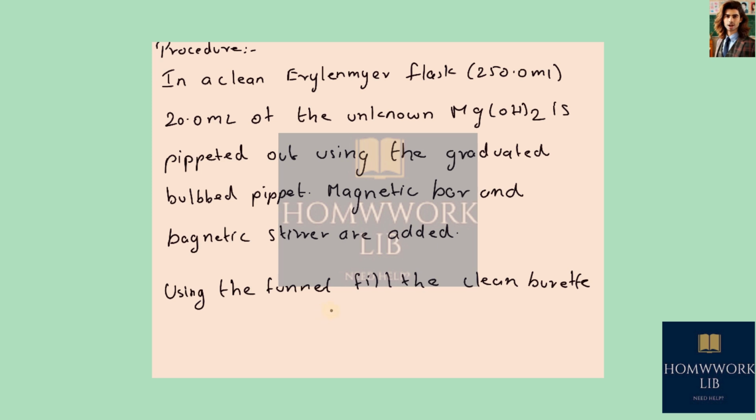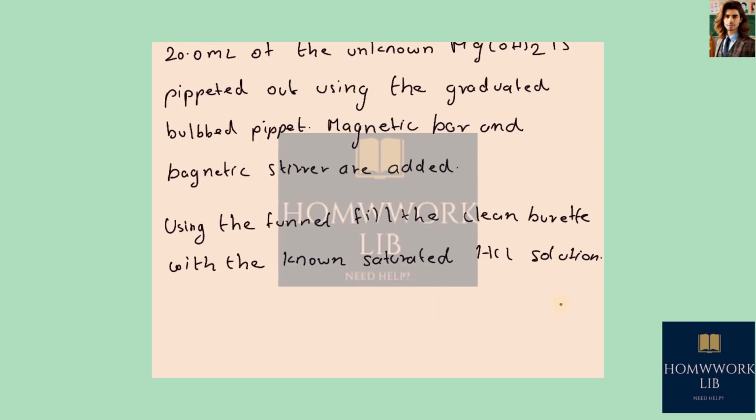That is, the burette should be rinsed with the known HCl solution first, and then using the funnel, which is also rinsed with the HCl solution, the burette is filled with the known saturated HCl solution.